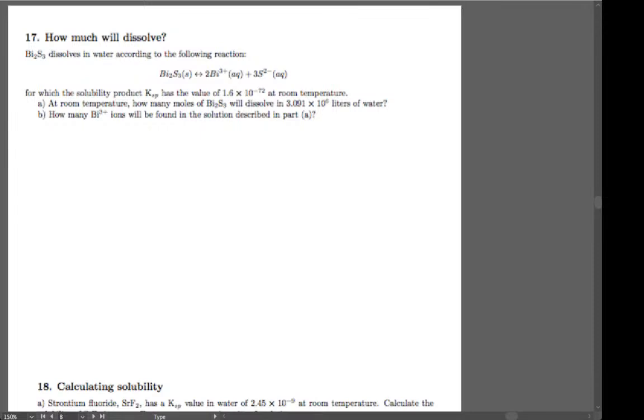At room temperature, how many moles of Bi2S3 will dissolve in 3.091 times 10 to the power 6 liters of water? That's the question, how many moles?